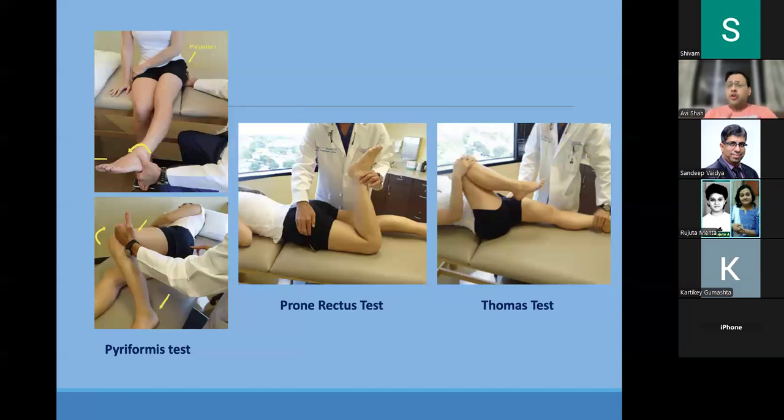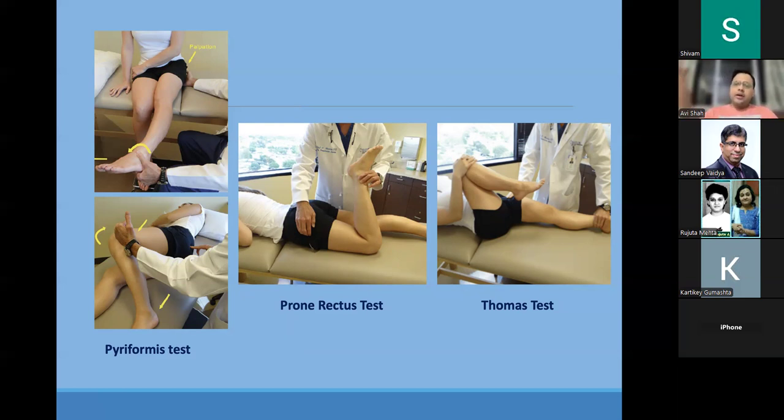Then you look for the piriformis. Sciatic nerve symptoms, low back pain, and hip pain can also be present because of piriformis syndrome, which is because of increased tightness of the piriformis muscle and the piriformis tunnel. To check for the piriformis, make the person sit, legs hanging over the chair or your examination bed.